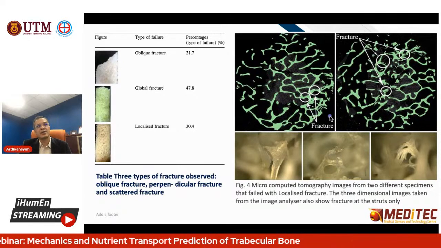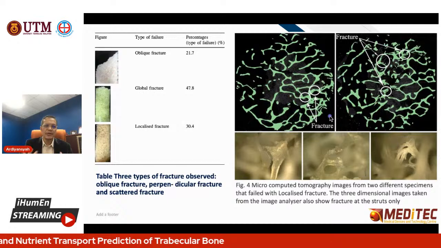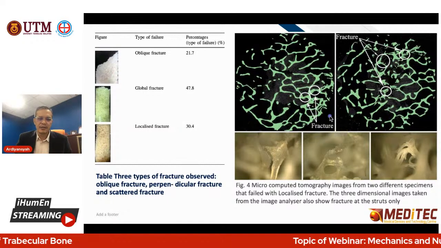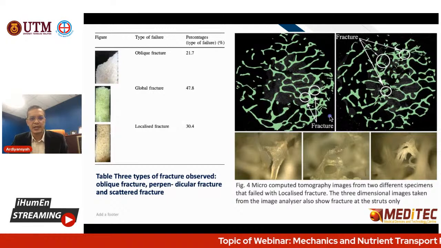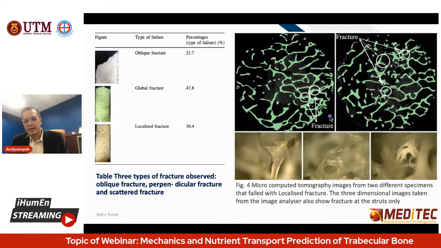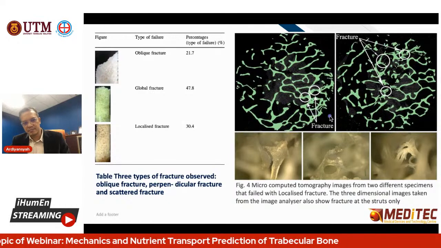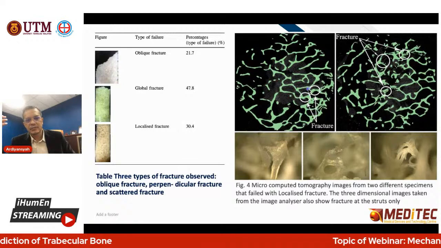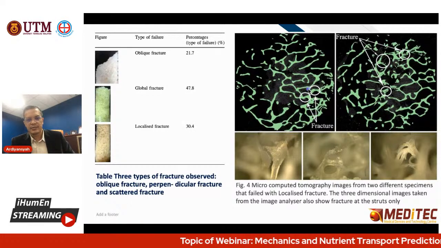With the global and oblique fractures, it is obvious: you can clearly see the fracture line, and in fact the sample becomes two pieces. But for the localized fracture, you need other tools to check.